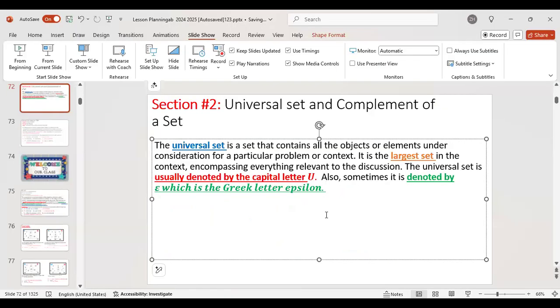So there's another way we could represent the universal set. Someone's mic is on.